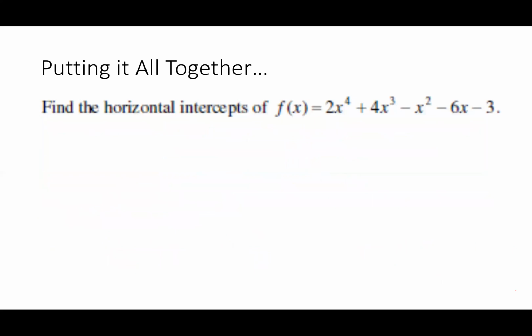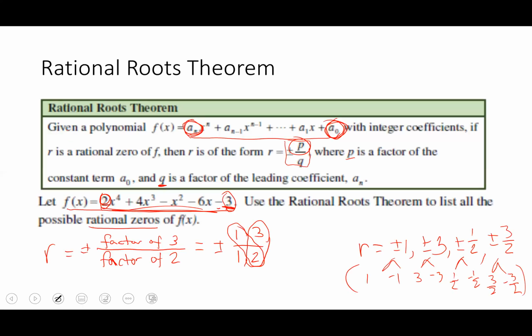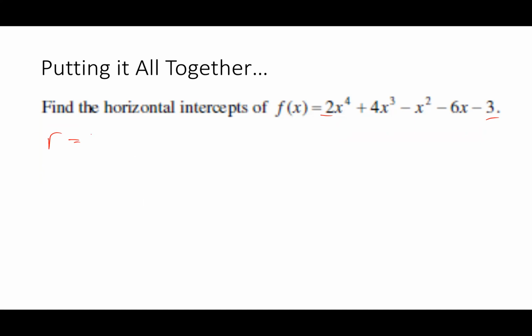Whew. Okay, so we already talked about these. We set up our rational zero test, and we found already from the previous slide that R was plus or minus 1, plus or minus 3, plus or minus 1/2, or plus or minus 3/2. So what I'm going to need to do is just start guessing and checking.